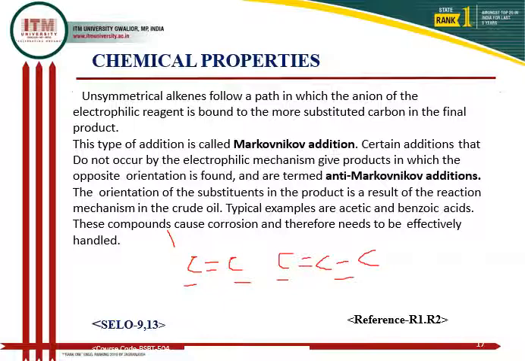Understood? So in an asymmetrical alkene, how does the electrophilic addition occur? It occurs following the rule, that is, the Markovnikov rule. What is this rule? This rule says that the electron-deficient species will attach to the carbon having the greater number of hydrogen atoms.